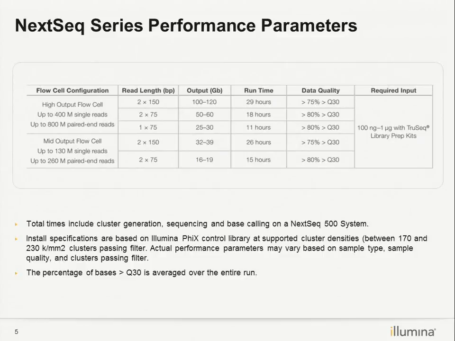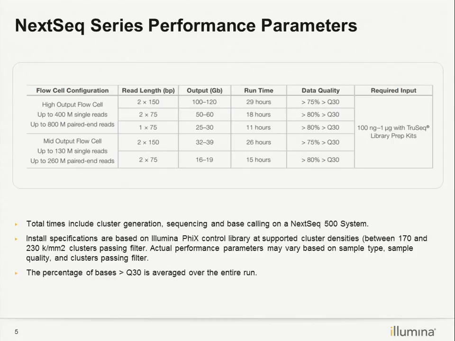It depends how long you're going to sequence your libraries. If I'm just doing simple RNA counting, maybe some people usually do around 36 to 50 base pairs for counting, then you don't need to purchase a 300 cycle kit. Maybe 75 cycles is good enough.